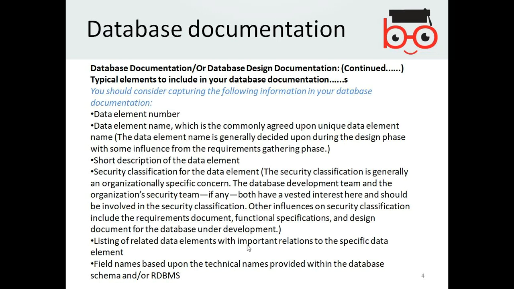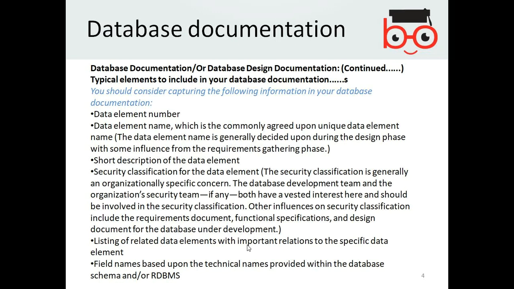So what we are discussing here is that any element included in the database or database documentation should have this kind of information. If you advised any element and you didn't care about these things, then obviously you did not document it well. Makes sense?